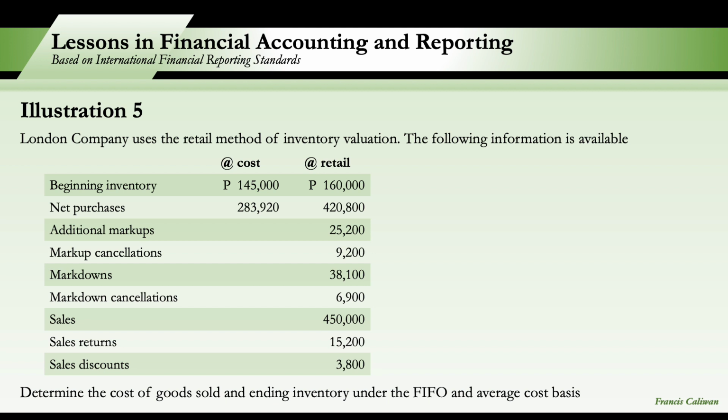And then we have additional markups of 25,200, markup cancellations of 9,200, markdowns of 38,100, markdown cancellations of 6,900. Then we have sales of 450,000, sales returns of 15,200, and sales discounts 3,800. Then determine the cost of goods sold and ending inventory under the FIFO and the average cost basis.